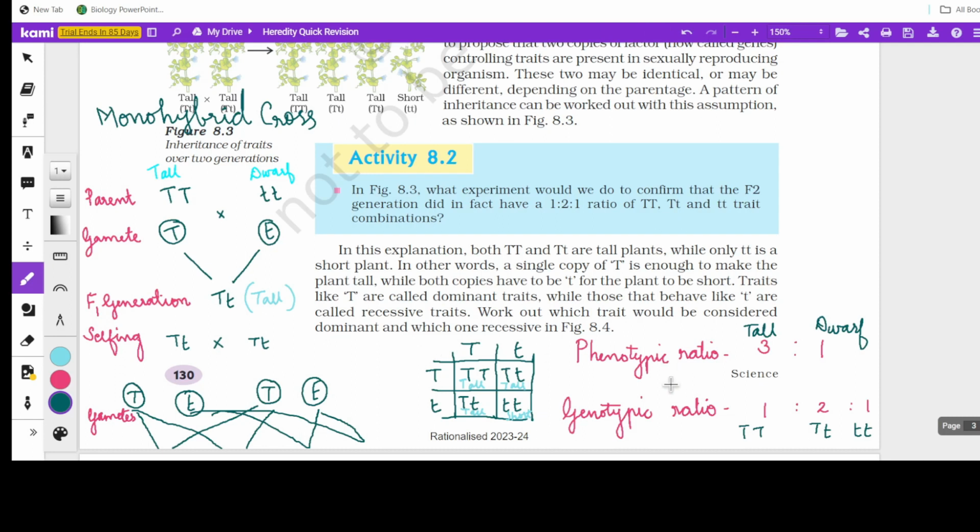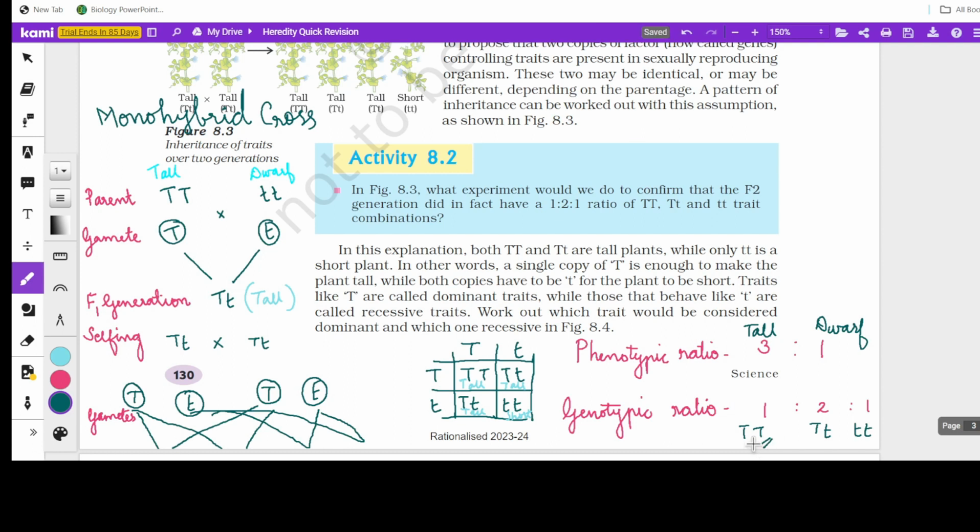And then phenotypic and genotypic ratio. Remember, there is also a confusion. What is this phenotypic and genotypic ratio? Children usually get confused with it. Phenotypic means the external morphology, like the characters we write, is it a tall one, is it white colored or yellow colored or green colored or violet colored. How many of those characters or traits there are is the phenotypic ratio. And genotype, gene, it always goes with the gene, that is the alphabets, okay?